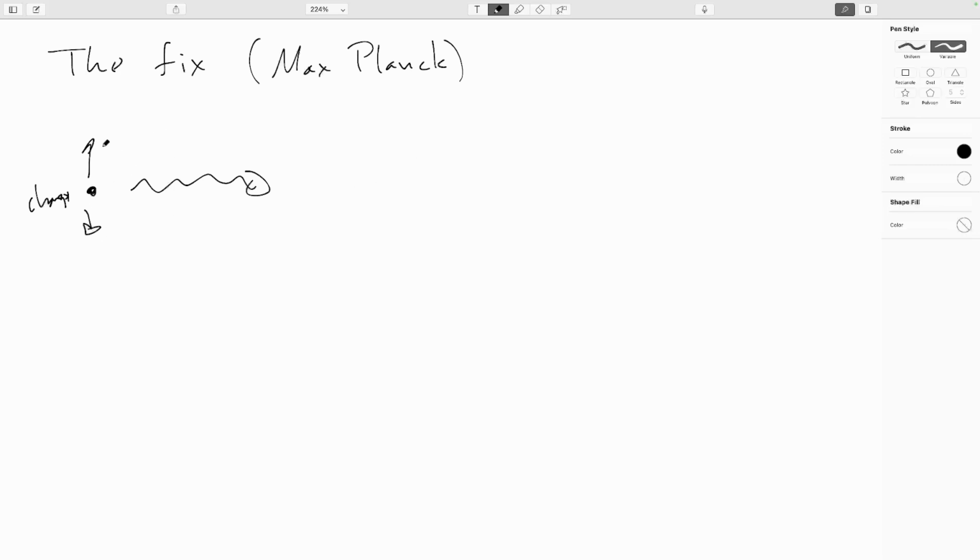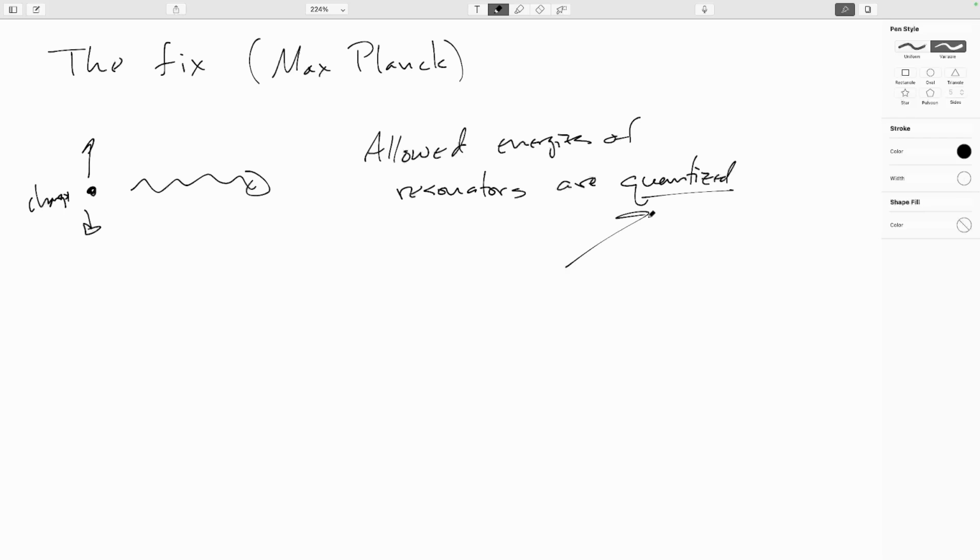What Planck did to fix the problem was he said that the allowed energies of the charge oscillating up and down, what he called resonators, the allowed energies of the resonators are quantized. And what quantized means is that they come in discrete amounts.